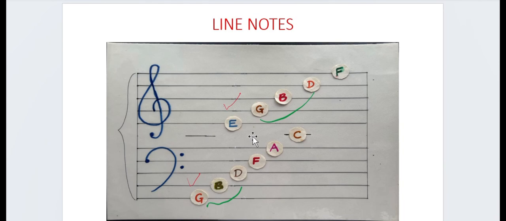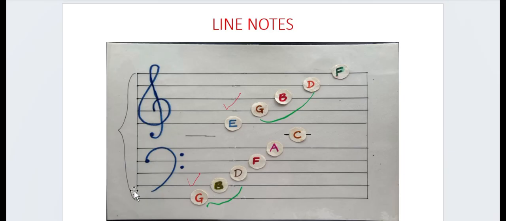Let's say you want to find this space note between D and F. You know this is D, so the next letter should be E, so this space should be E. Or if you need to find this space note, from F, going backwards will be E.